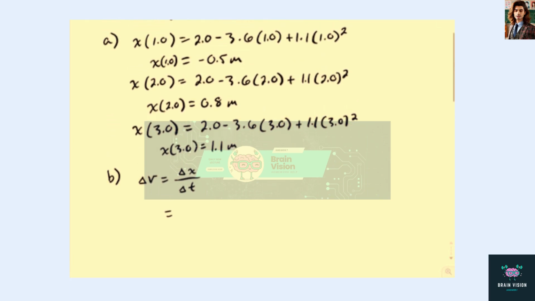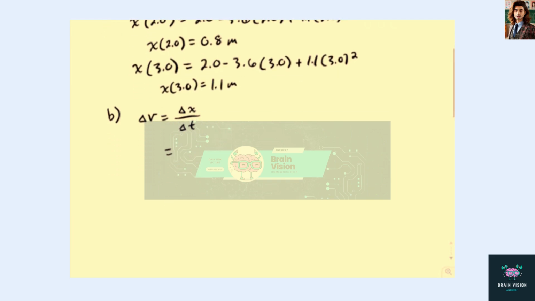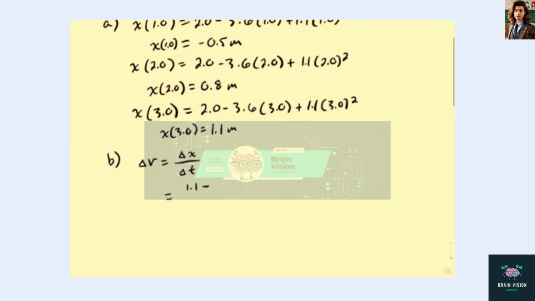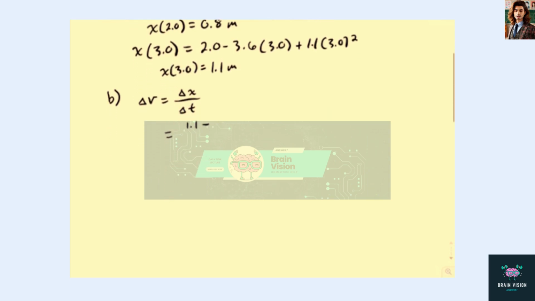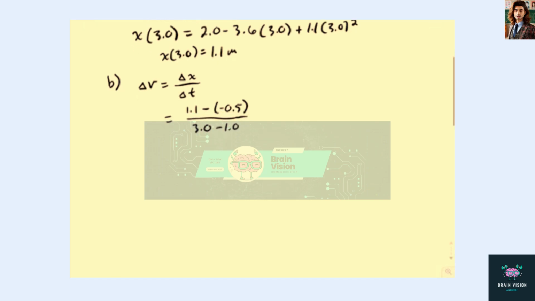Well, we want x of 3, which is 1.1 meters, minus x of 1, which is minus 0.5 meters. And then we'll divide by the time interval, 3 seconds minus 1 second. And this comes out to be 0.8 meters per second.